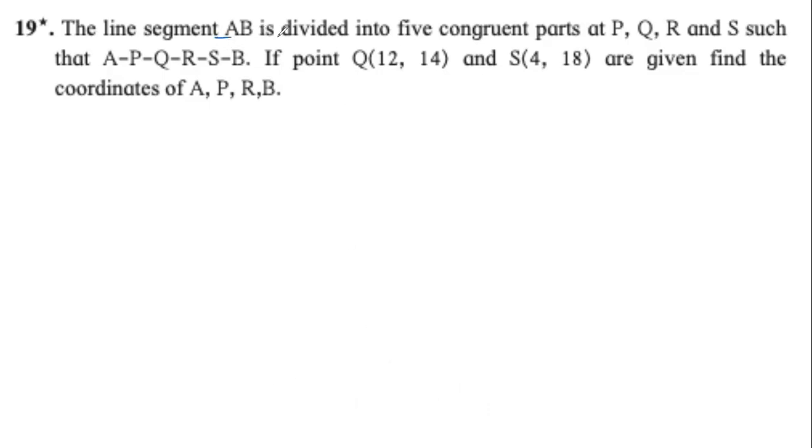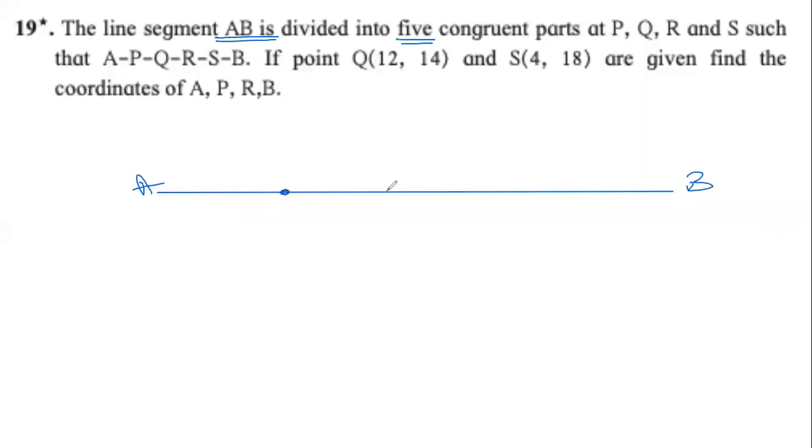It says line segment AB is divided into 5 parts. To divide it into 5 parts, we need 4 points in between A and B, and all of them will be at equal distance.